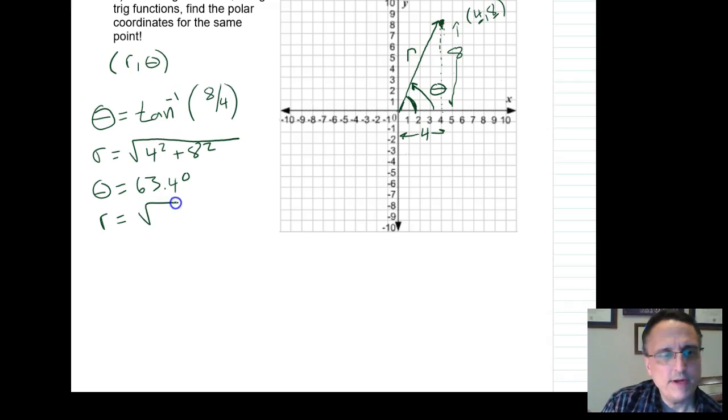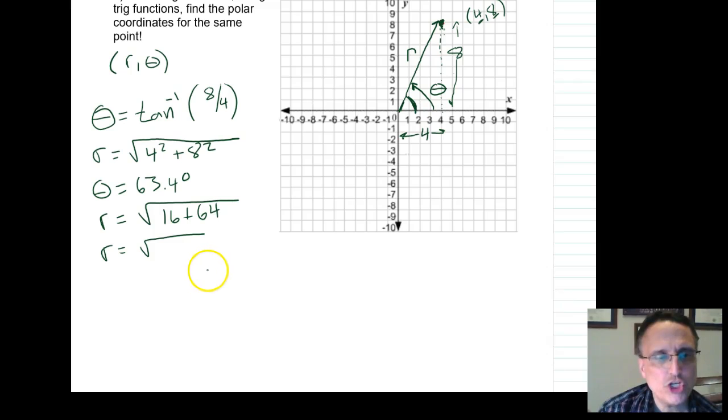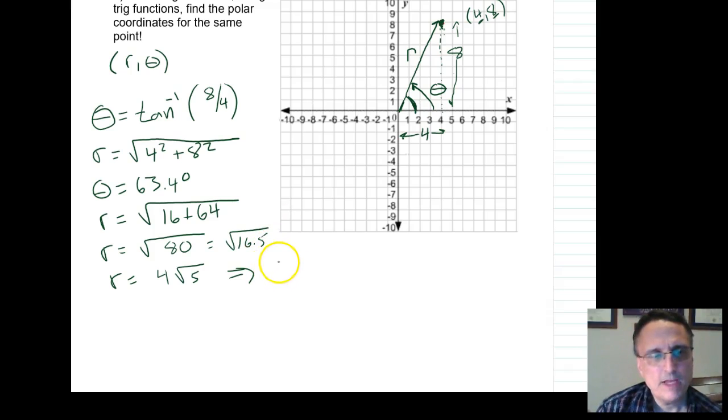My r, I'll do this by hand, that's going to be the square root of 16 plus 64, which is equal to the square root of 80. What is that? 16 times 5? Would that be correct? I think it is. So that means that would be 4 square root of 5.